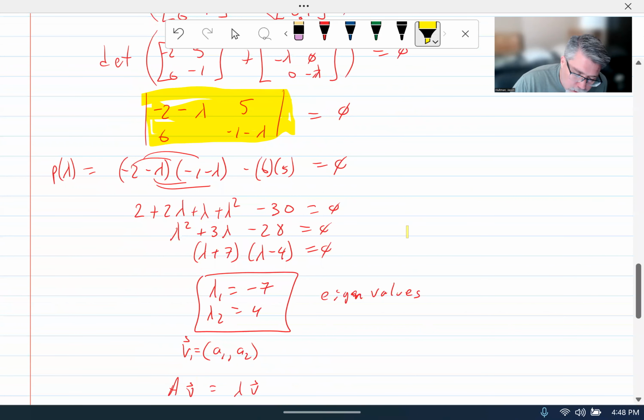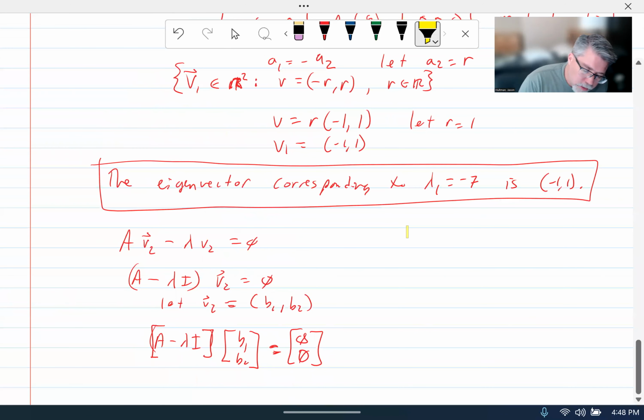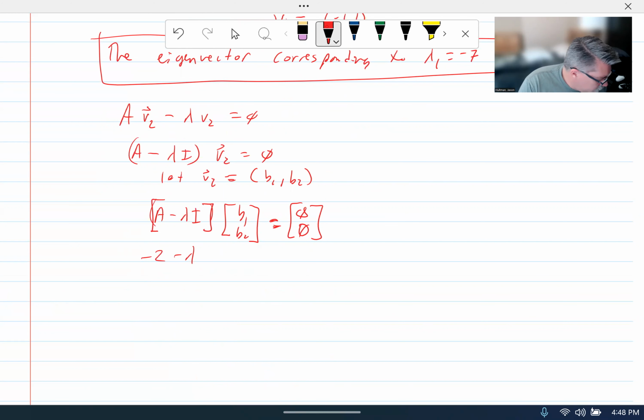So that guy was negative 2. We just subtract lambdas along the diagonal. So negative 2 minus lambda, we had 5, 6, and negative 1 minus lambda. We want that times b1, b2 is equal to 0, 0.